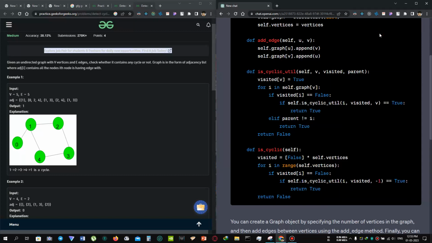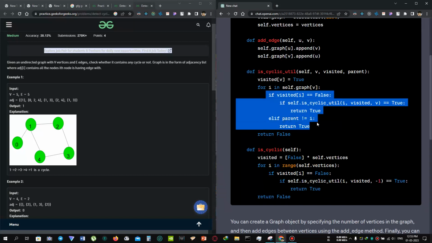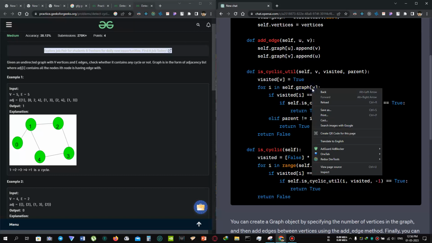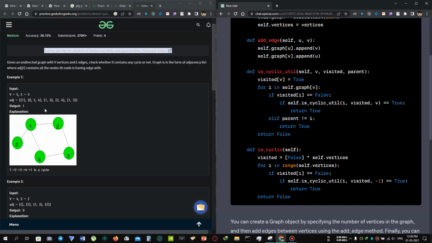All right. So we are trying to understand all the if and else cases. One thing is sure that we will check for all the adjacent nodes of the parent. So v is the parent. So suppose if v is 1, we will check for 0 and 2. So there is if and there is else if.